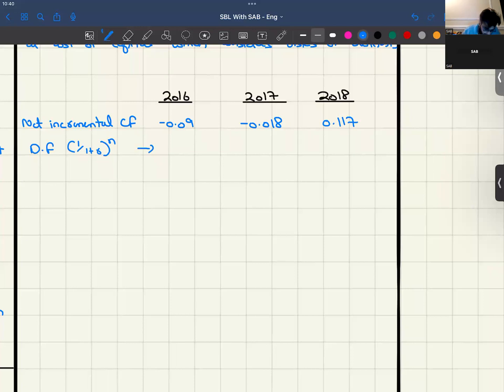I'll just calculate it on the calculator, 1 plus 1.12 raised to power 1, and then power 2.